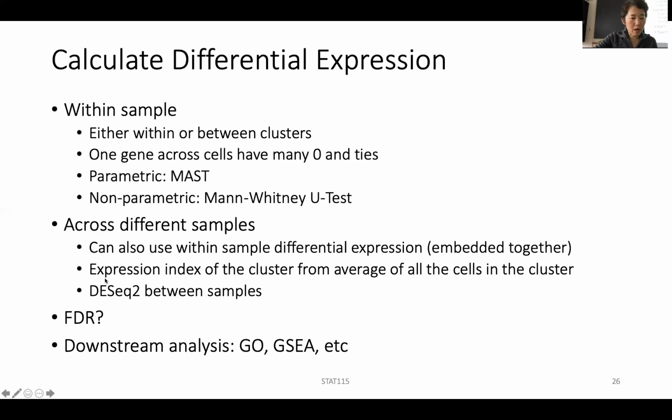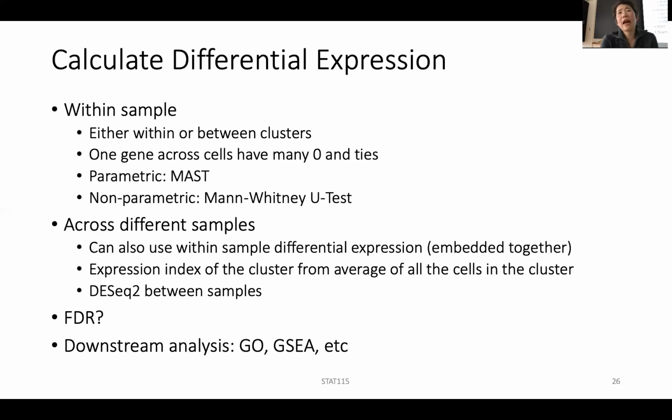But you can also get the expression level from one cluster. Remember, if you really want to know the expression level of some cells, it's not very accurate to do this at a really single cell level. What you can do is get the cluster and merge all the reads in the same cluster together, or the UMI counts. And then you calculate your TPM for the whole cluster.